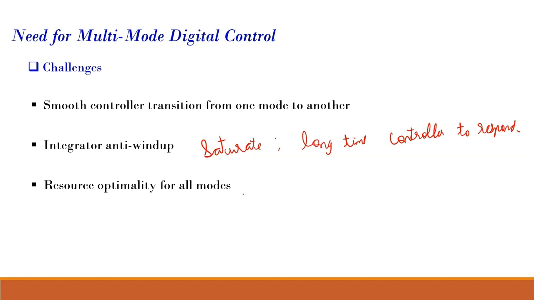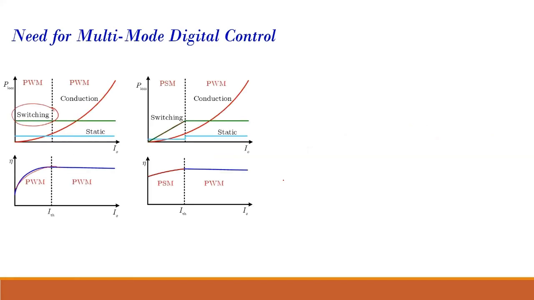And we want optimality for all modes: in any mode of operation, high load or light load, we don't want to use too many resources. We want to use minimum resources and still get good and great functionality from our platform. Also how you give the gate signals is important.